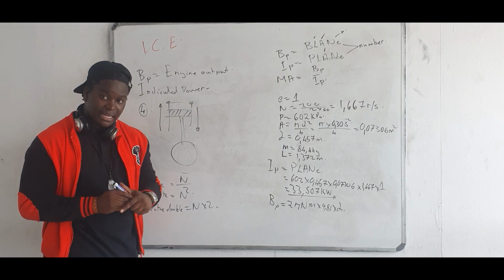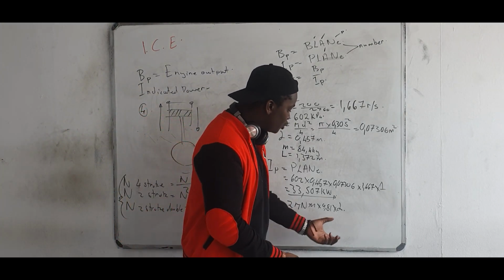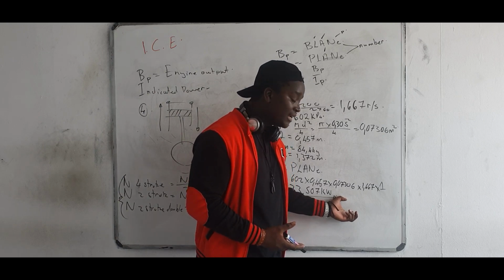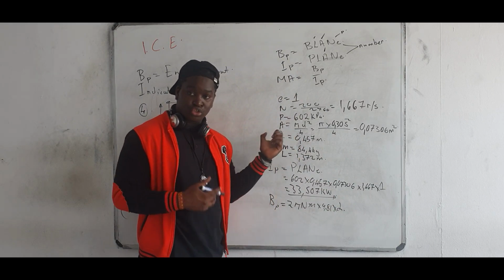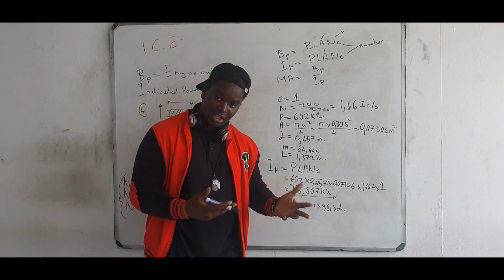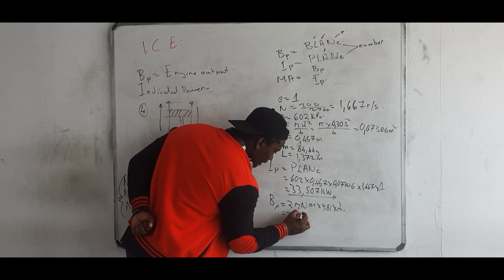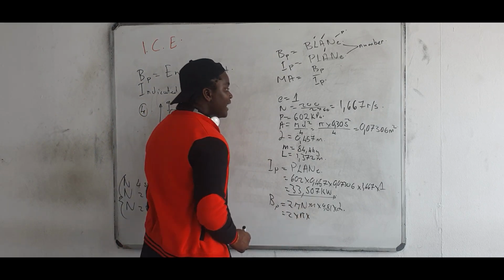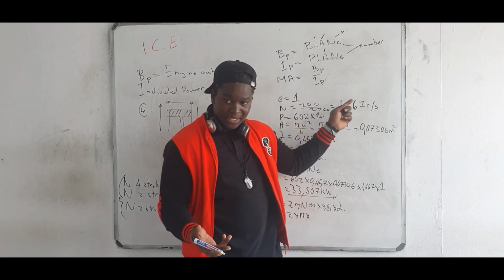Now in the final exam, or when you're revising this, I want you to be able to differentiate between the length of the arm and the stroke length. These two things are not the same, the stroke length and the length of the arm, so that when you're putting this into your calculations, you do well. So it's equal to 2 multiplied by pi multiplied by n. Now the n is not 1,667. Why is it not 1,667?